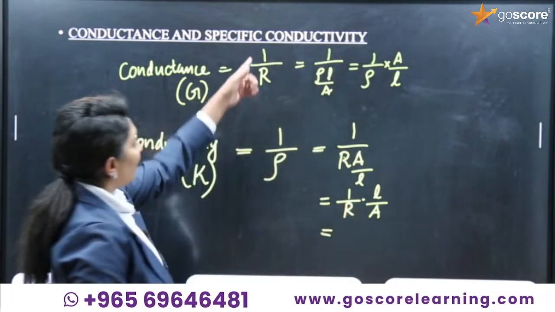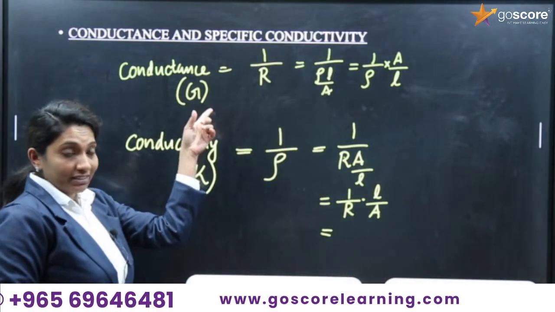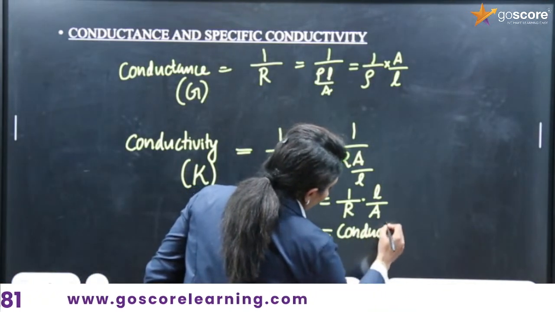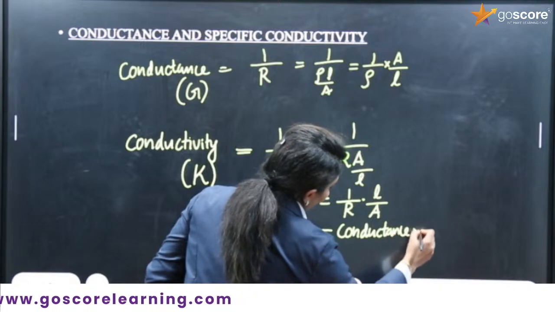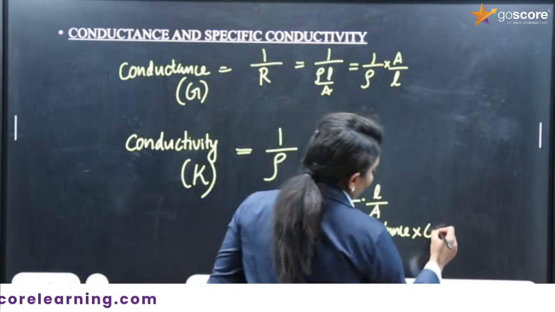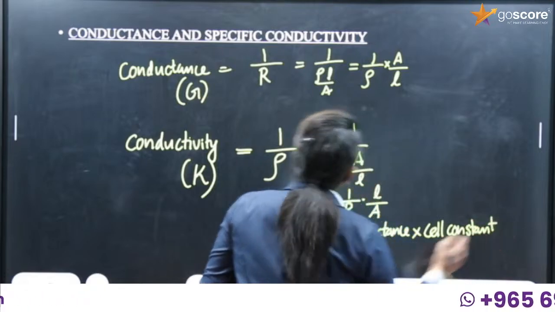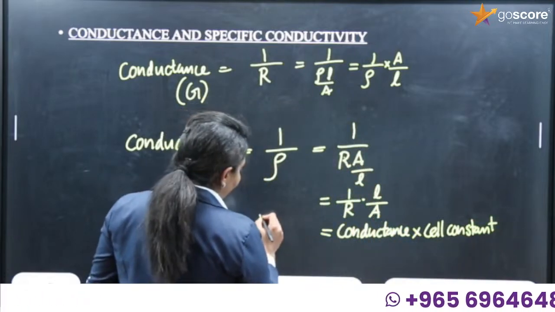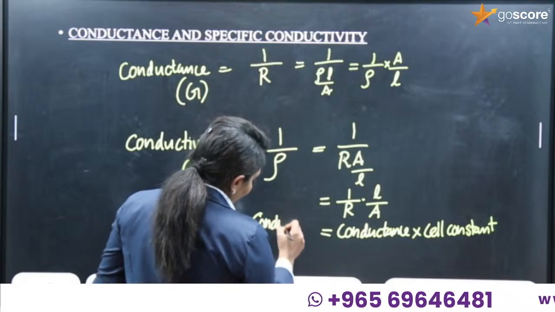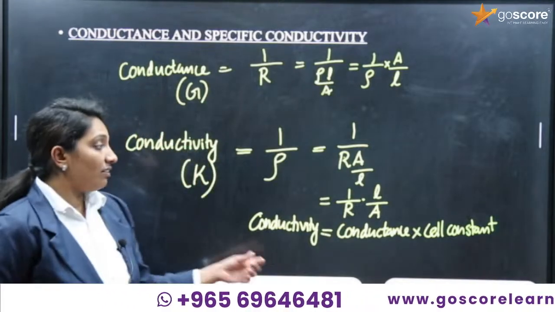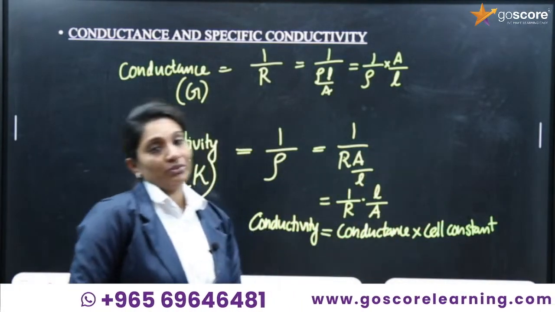What is this 1 by R? It is the conductance, right? So I can write conductance into this L by A, which is called the cell constant. So I can simply write the conductivity is equal to the conductance into cell constant.